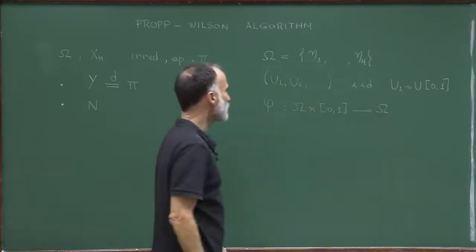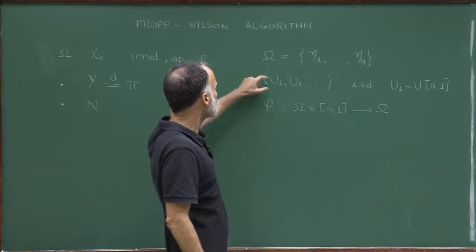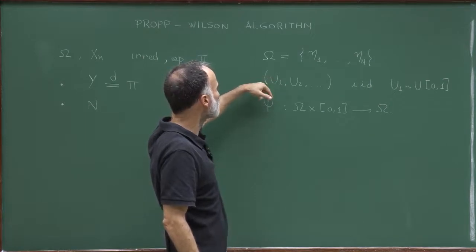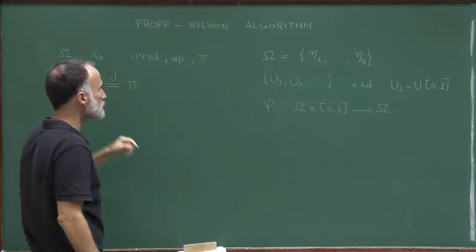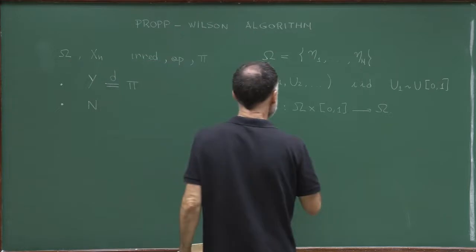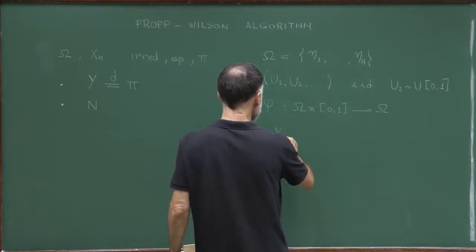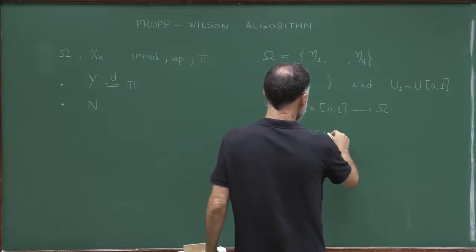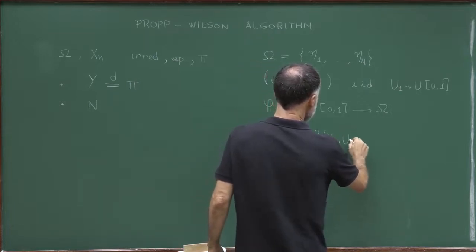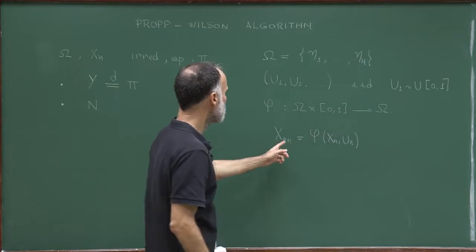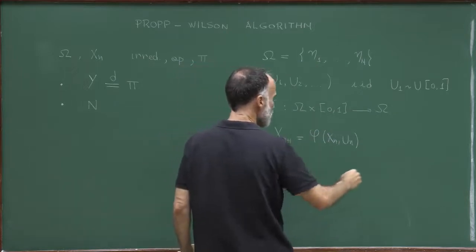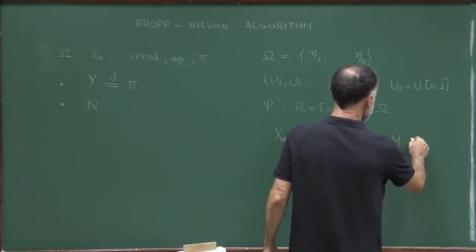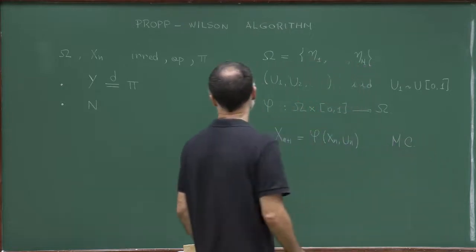And these functions tell us how to use these random variables in order to simulate a chain X_n. So remember, these functions are such that if I define X_{n+1} as phi of X_n and U_n, then this process X_n is a Markov chain which has some fixed transition probability.